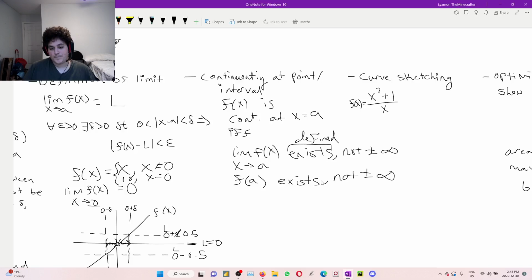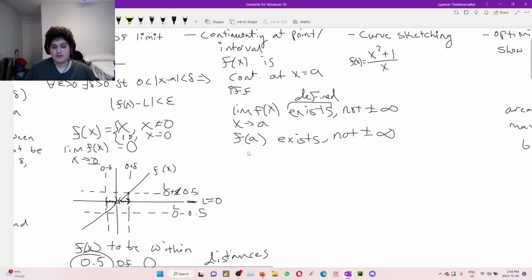And then the last condition is that these have to be equal to each other.